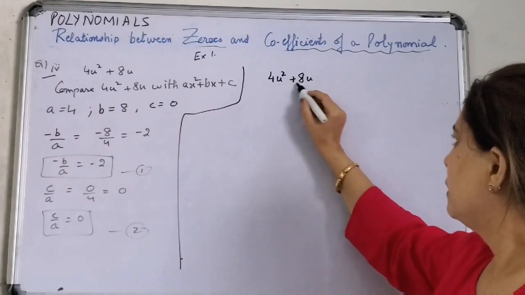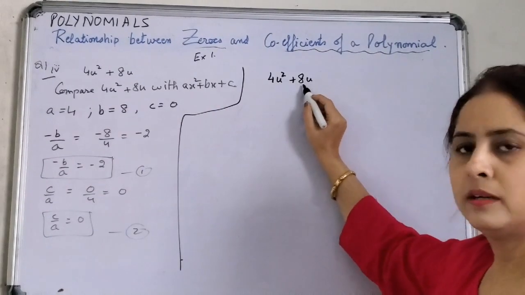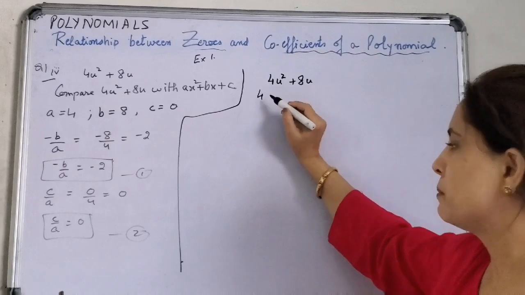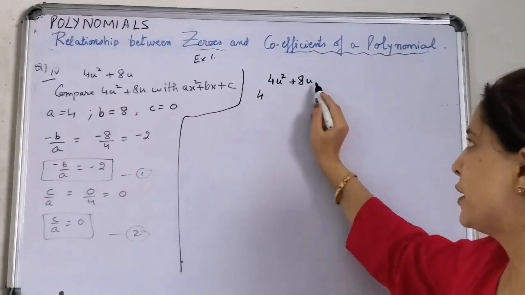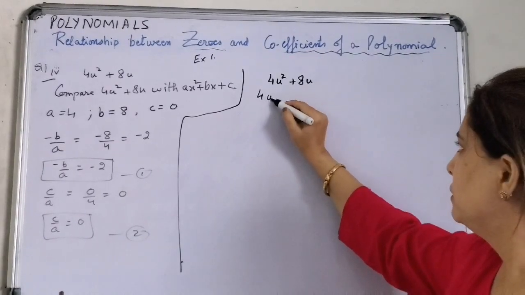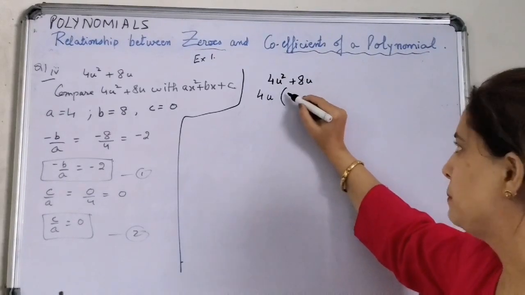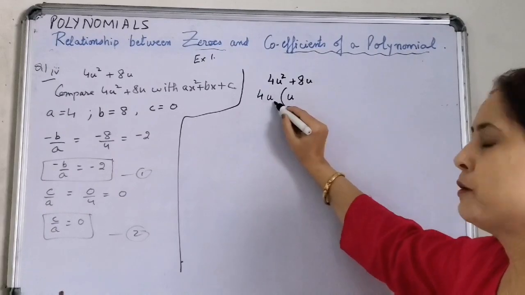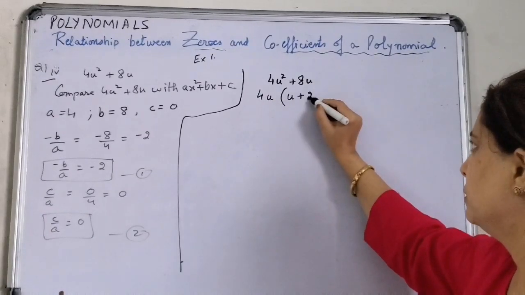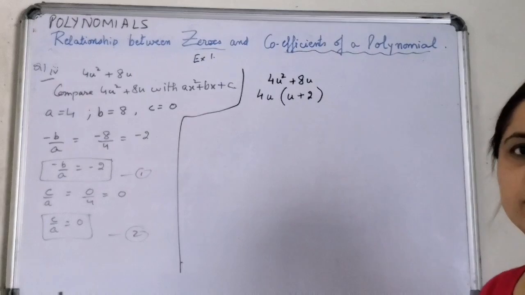As we can see, 4 and 8 come in the table of 4, so 4 is common, the highest common factor is 4. Amongst u square and u, the HCF is u. So what are we left with inside? 4 into u square divided by 4u will be u. 8u divided by 4u will be 2. So this is what we have got as factorization.